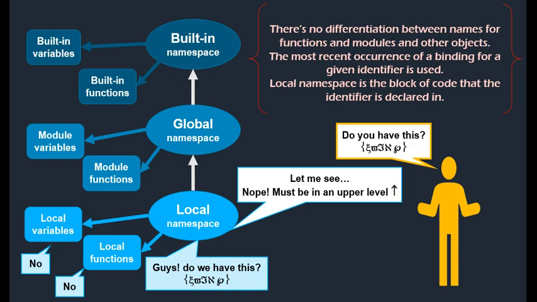If it can't find it there, it would level out to other classes, functions, whatever is out of the local namespace, which is the global namespace, and searches the global namespace. If it cannot find it in the global namespace, it would go to the built-in namespace, which is the Python language itself, and uses those names and identifiers. The first occurrence of an identifier that is found is given.